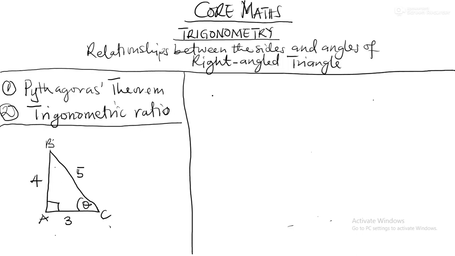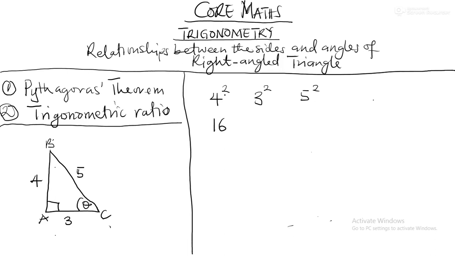So 4 squared. Then let's square the adjacent value, 3 squared. And let's also square the longest side, 5 squared. So what is 4 squared? It is 16.